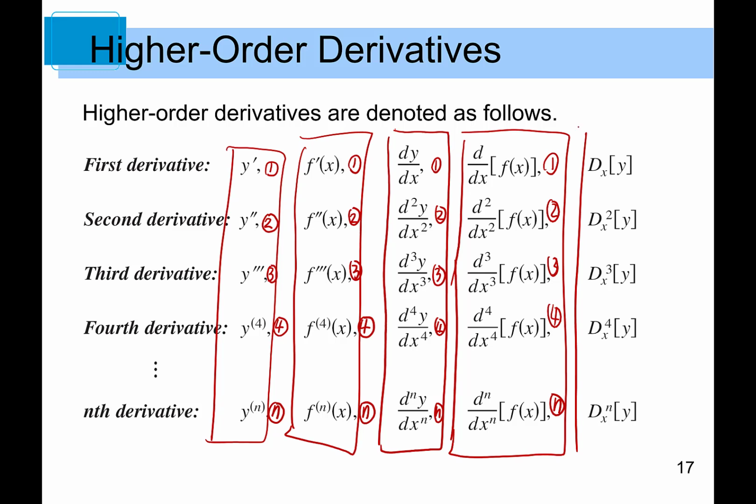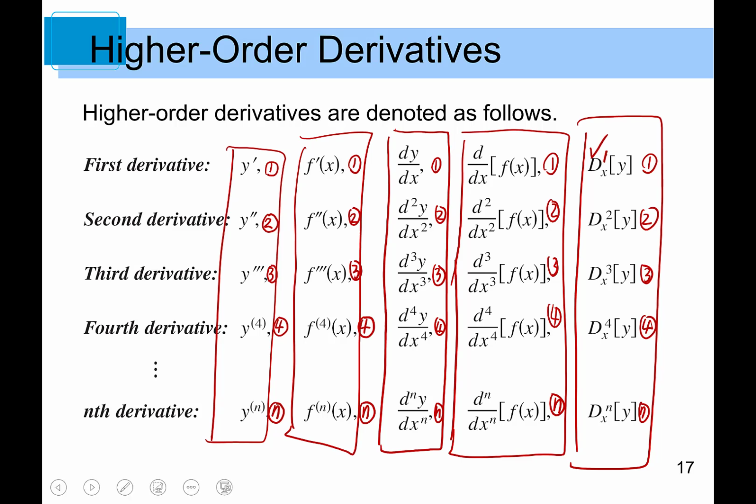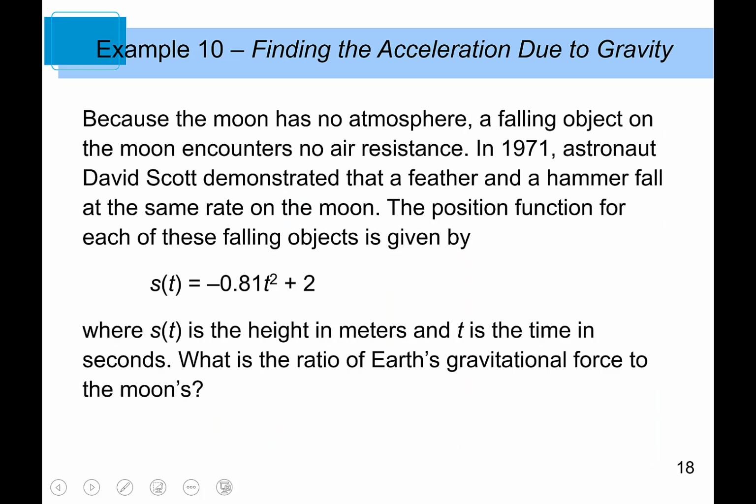And the last way of writing that, capital D to the n represents the nth derivative of y. The first power is actually 1 here, but they omit it. So first derivative, second derivative, D squared, third derivative, D cubed, fourth derivative, and nth derivative. Just make sure you are able to distinguish all these different symbols for higher order derivatives.